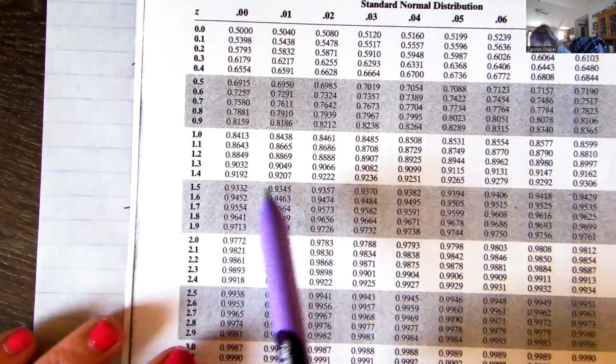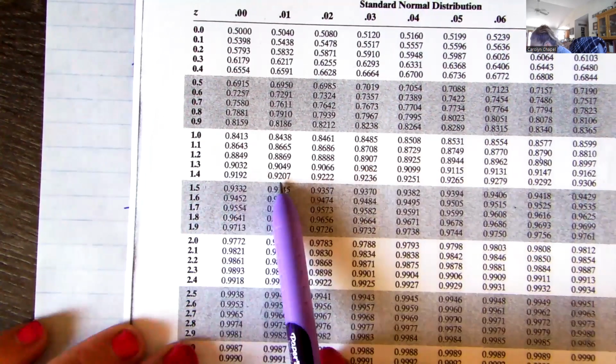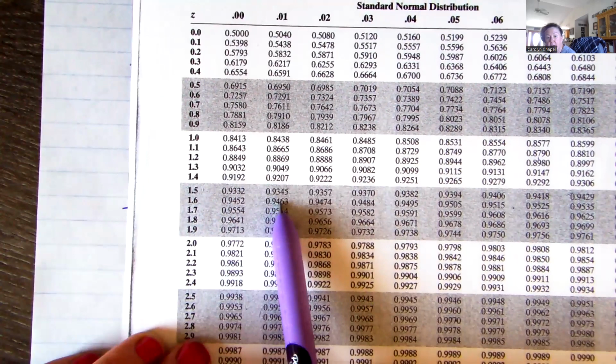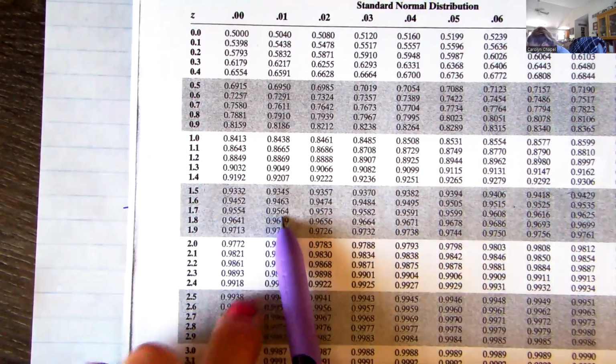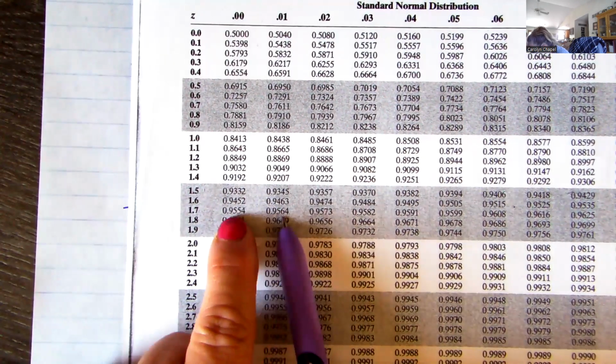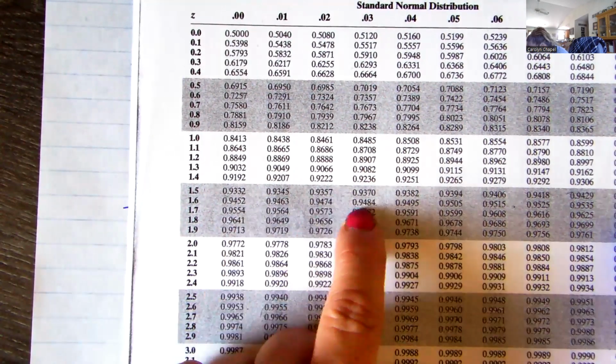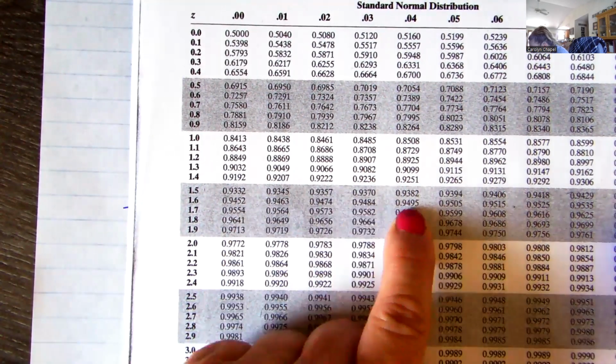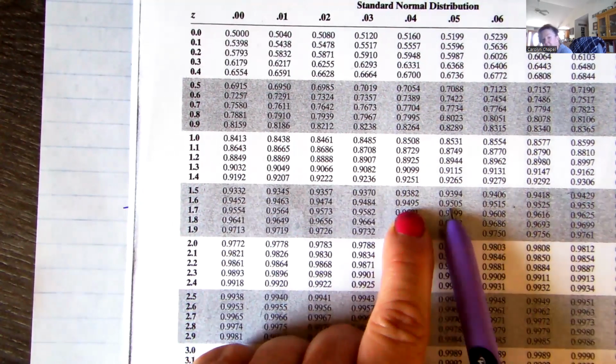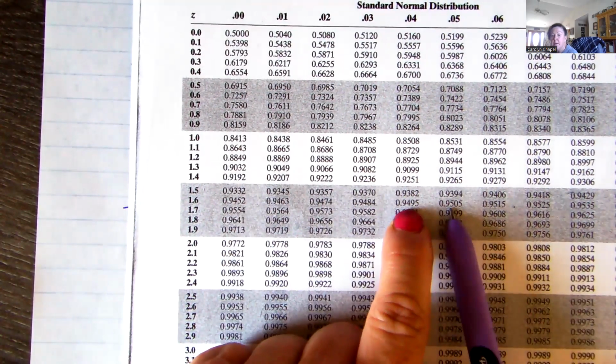So 0.95, here's 92, 93, 94, oh, here's 956 something. I want to go backwards. So it's going to be in here. There's a 947, 948, 949. It looks like it is smack dab between these two values.